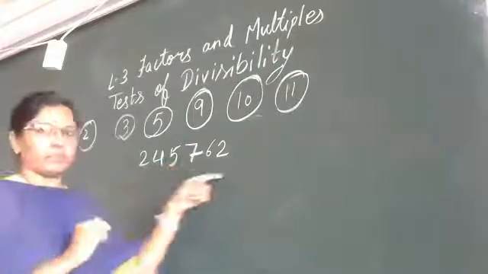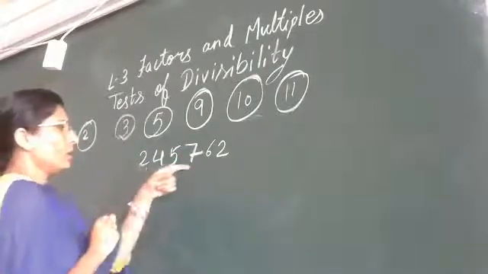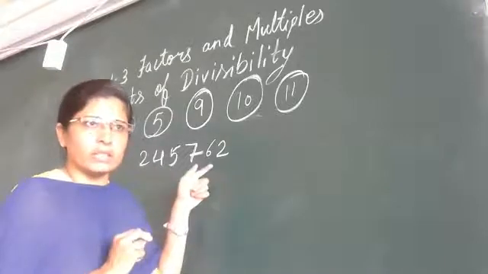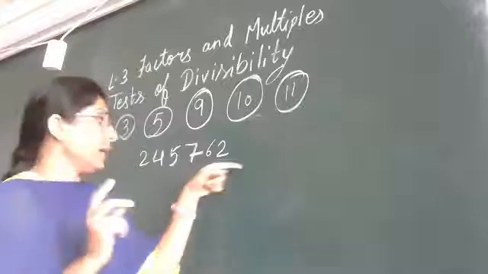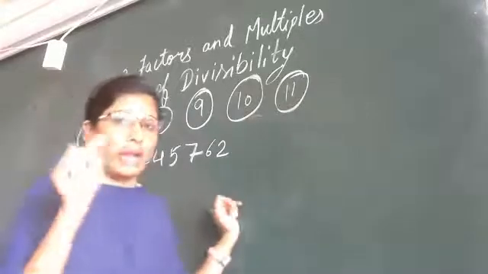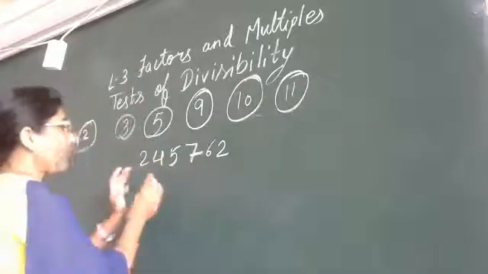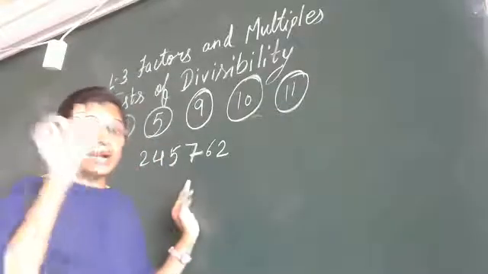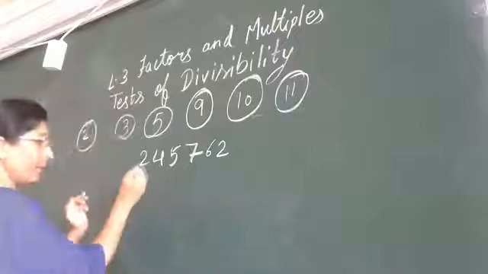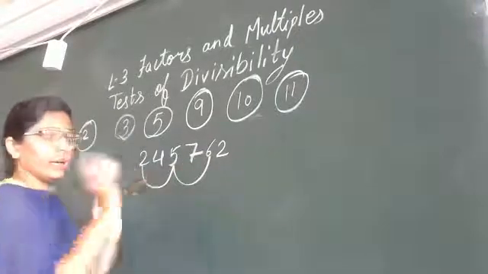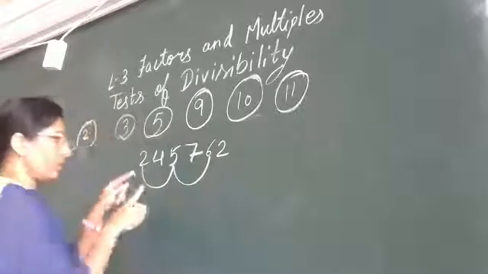Now this number is there: 2,45,762. Now we have to find whether this number is divisible by 11 or not. For that, what do we have to see? We have to add the alternate digits. Alternate means leaving one digit.